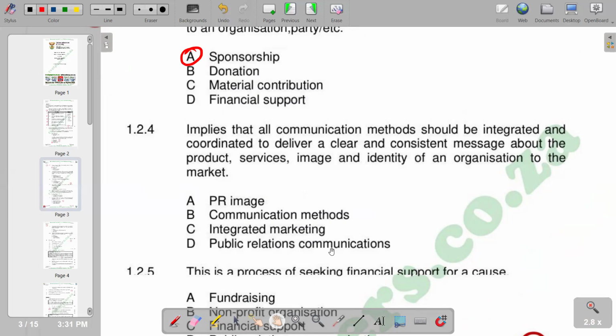With the responses that we have, you'd see that integrated marketing is the most appropriate. So we have integrated marketing on C.